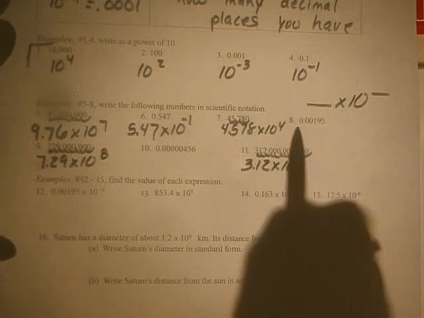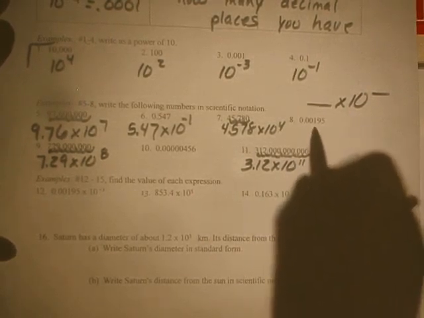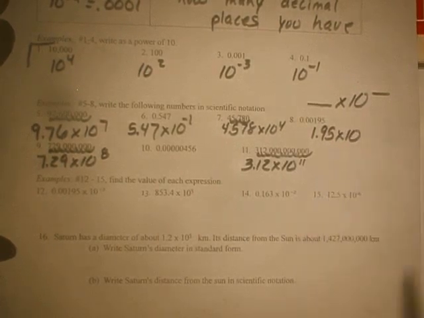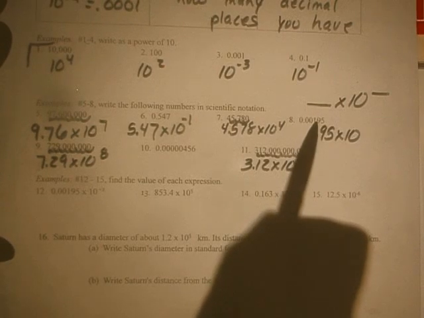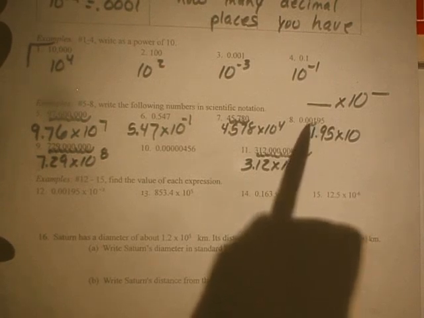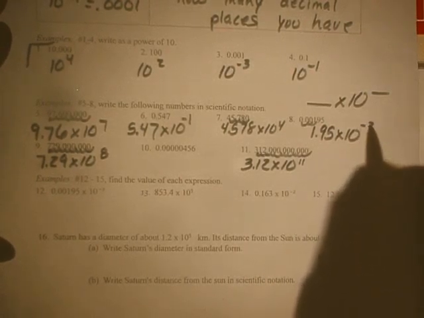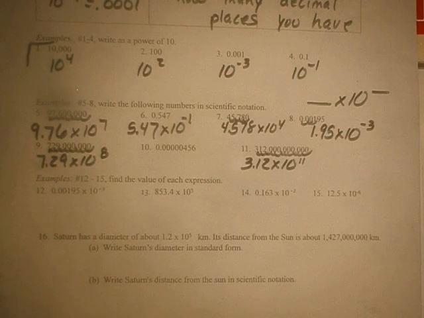Number 8, making this a number between 1 and 10, would be 1.95 times 10 to some power. If that decimal point was right here, we would move it back 1, 2, 3 spaces. So that would be 1.95 times 10 to the negative 3rd.